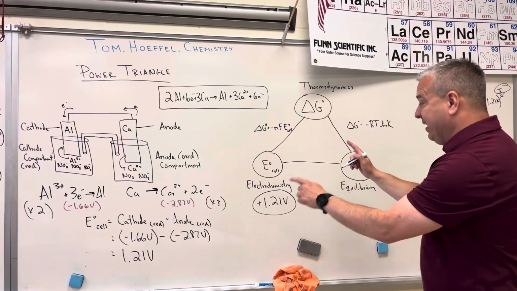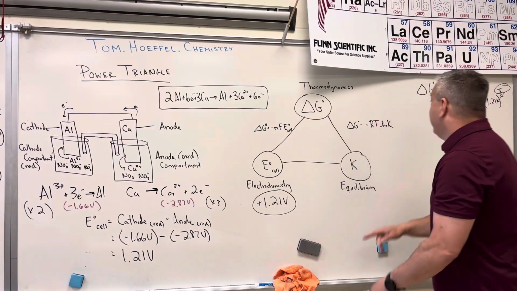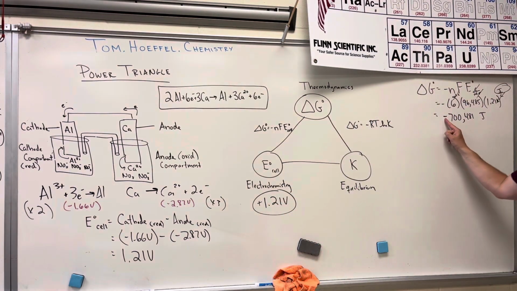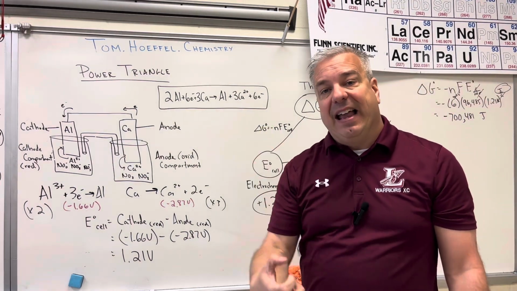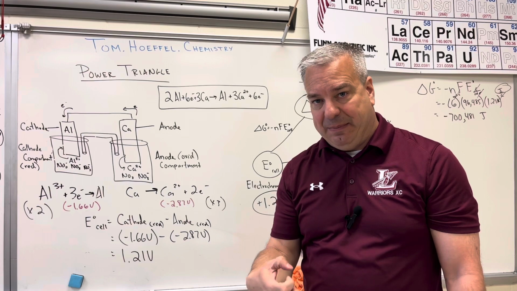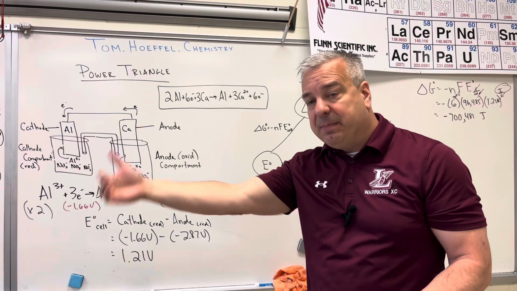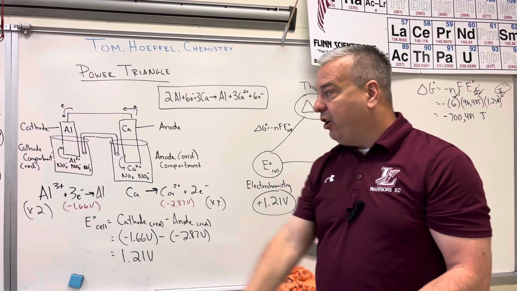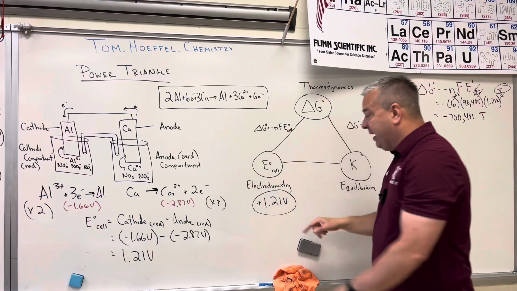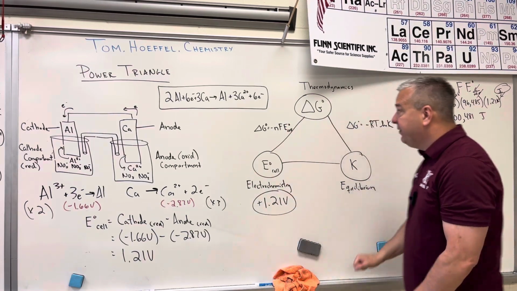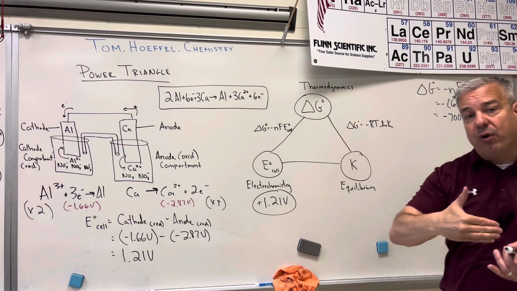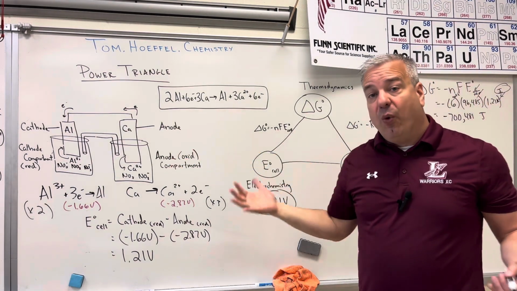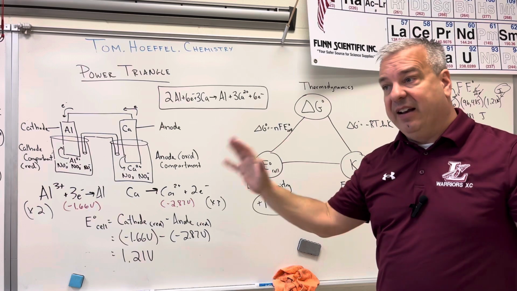When E cell is positive, it gives you a negative delta G. And remember, from our thermodynamics unit, a negative delta G means the exact same thing: the reaction is spontaneous and it will occur. So for electrochemistry, E cell has to be positive, but in thermodynamics, delta G has to be negative in order to say that the chemical reaction will occur all on its own naturally.